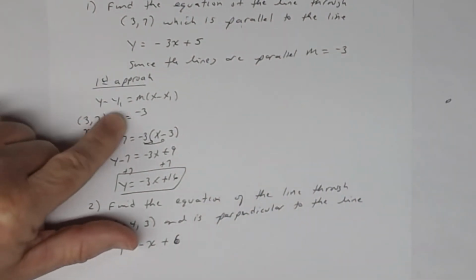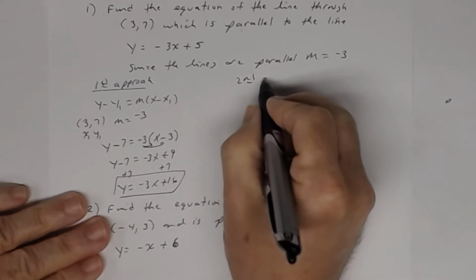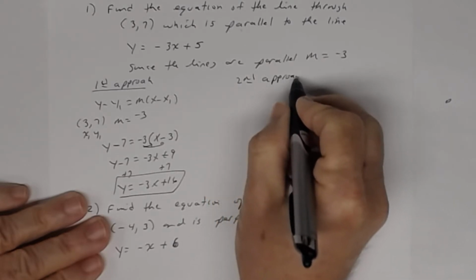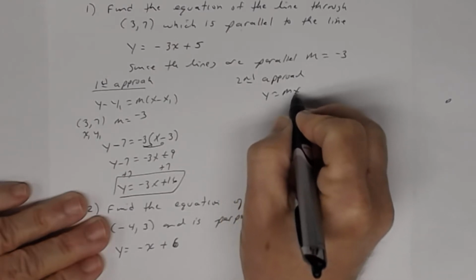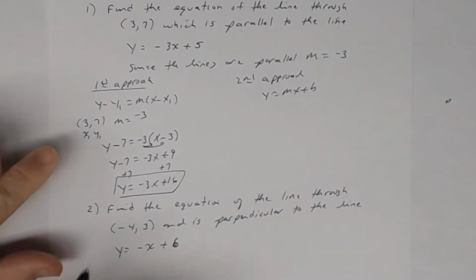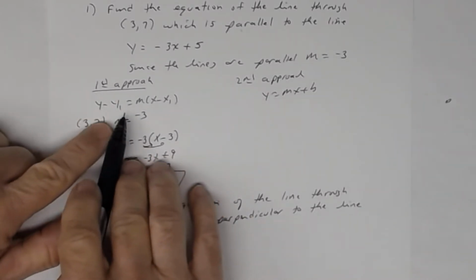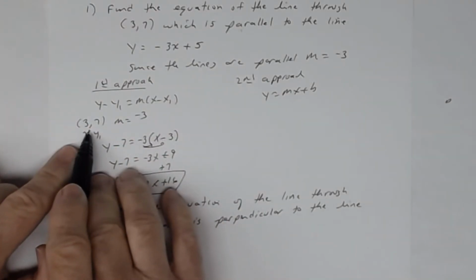Now, it's easy to use point slope form, but I want to show you the other approach. The second approach is to use slope intercept form. So y equals mx plus b. Okay. Now here's the problem. When using point slope form, the x1 and the y1 represented that point that was on that line.